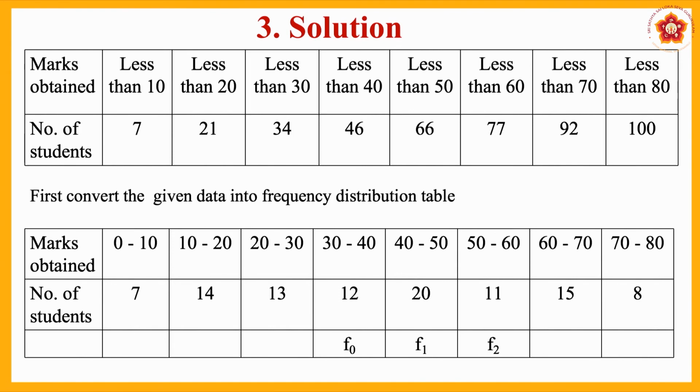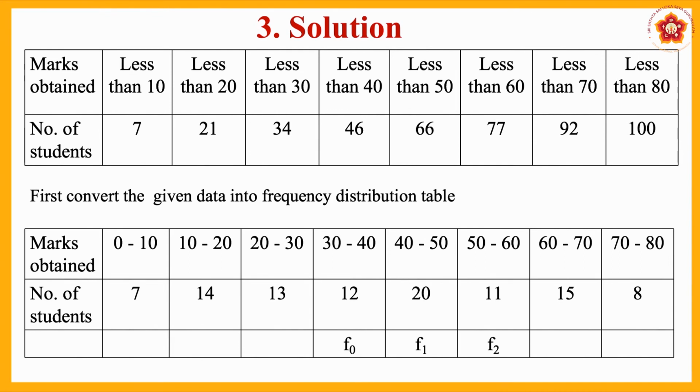From 34, 21 already over, subtract 21 from 34, you will get 13 boys in this group. 30 to 40, now 46 minus 34 you do, you will get 12. Similarly 40 to 50 you will get 20 students, 50 to 60 11 students, 60 to 70 15 students, 70 to 80 8 students are there.